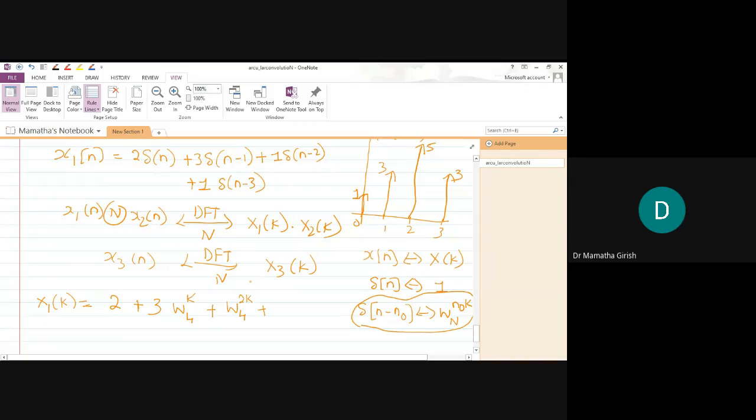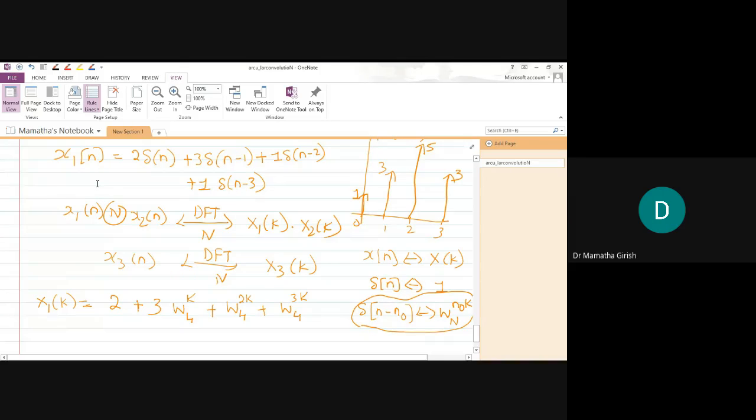Plus, delta of n minus 3 is W4 with n naught 3, so 3 times k. Is it clear? You can write this directly if x1 of n is represented as a sum of weighted impulses. So this is the DFT of x1 of n.